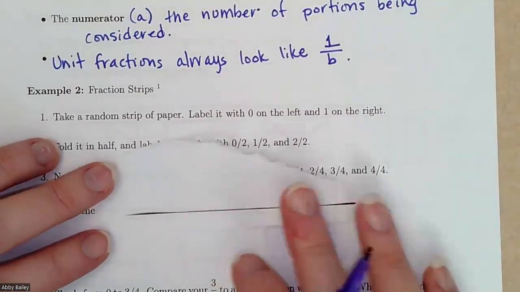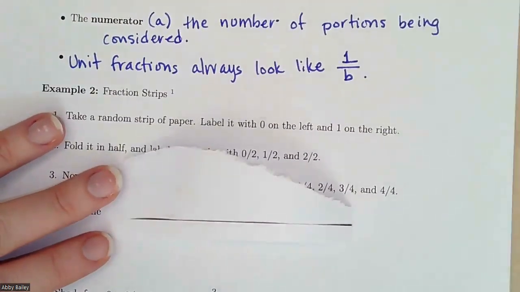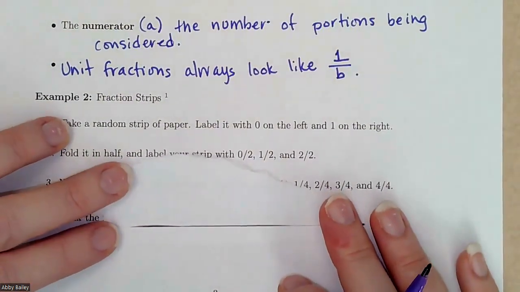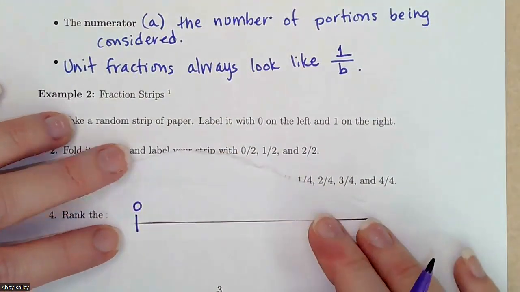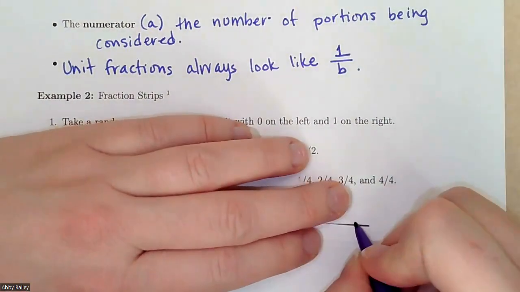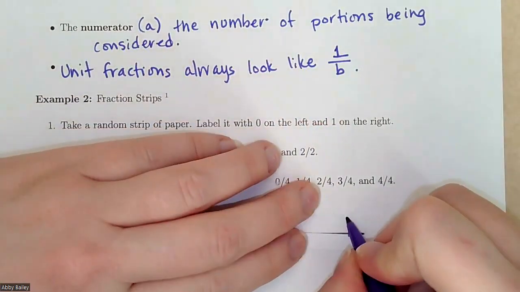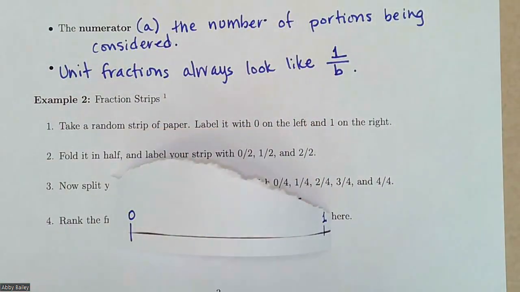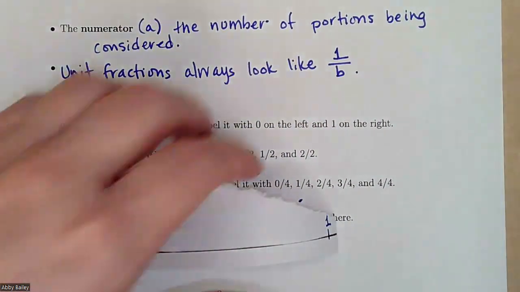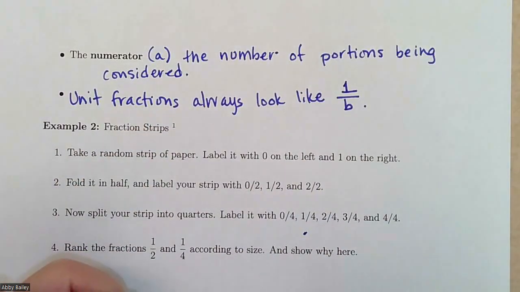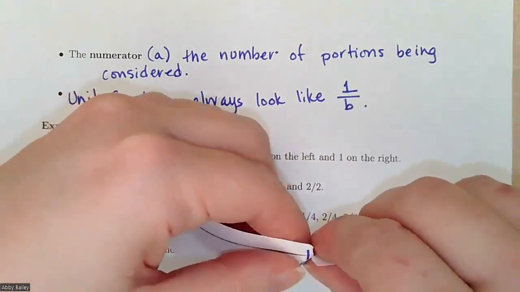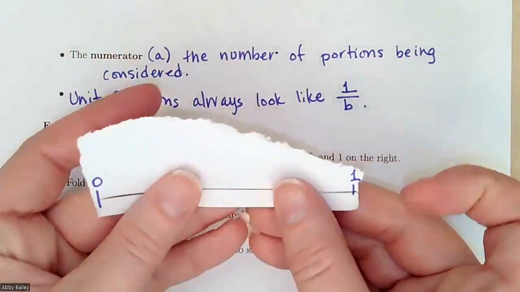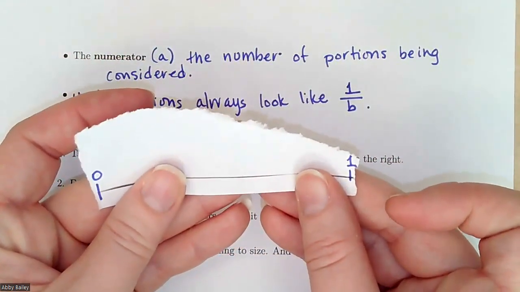So label it with a 0 on the left and a 1 on the right. Got it. Fold it in half. Okay, but I'm going to make sure that my 1 is on the left and my 0 is on the right now. So there's my strip.